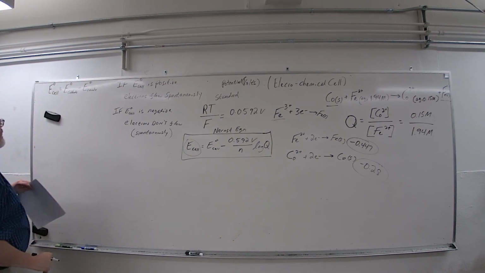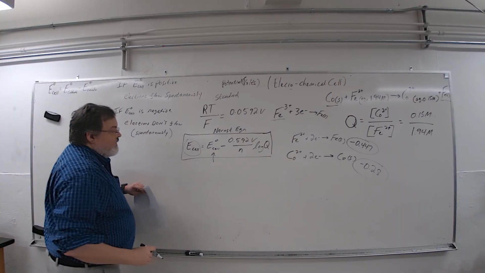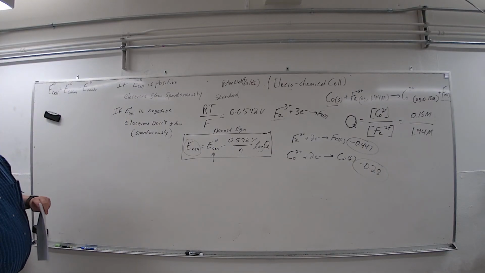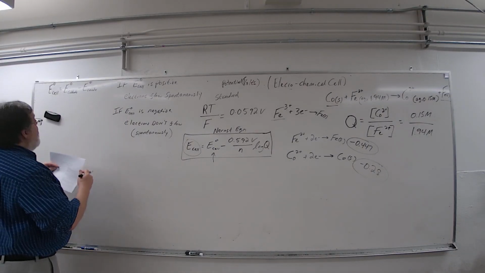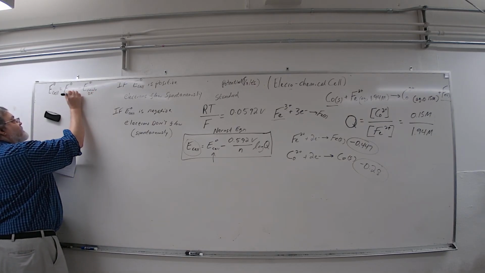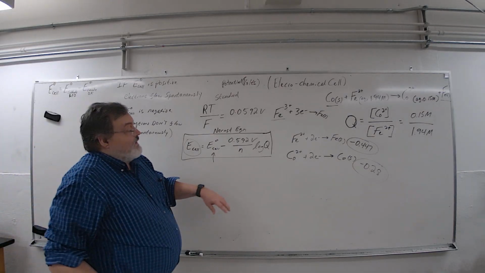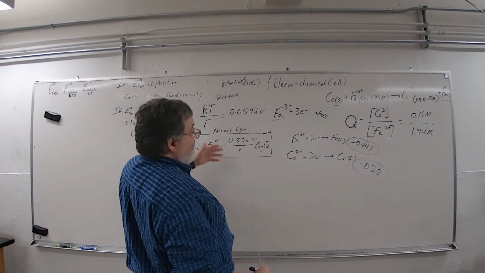To find this, we need to know which one is the anode and which one is the cathode. Anode is where oxidation is taking place. Cathode is where reduction is taking place. All right, so which one of these is reduction?